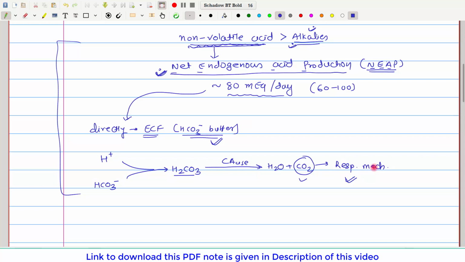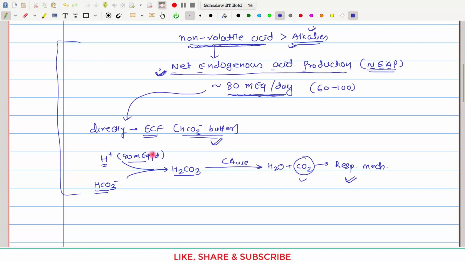But wait, if we look carefully into this, we can see that it is not completely solved. See why? How much net endogenous acid production is there? It is 80 milliequivalent per day. That means here 80 milliequivalent per day of H plus is coming, and it is binding with bicarbonate. So for 1 H plus, 1 bicarbonate is required.